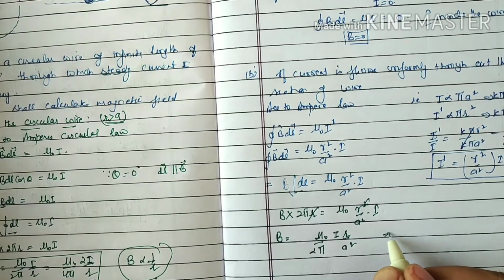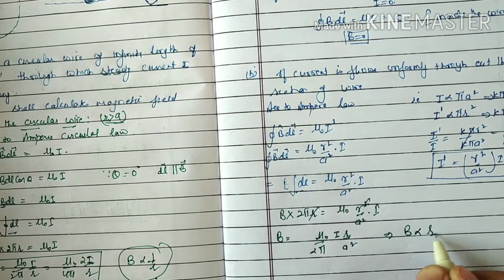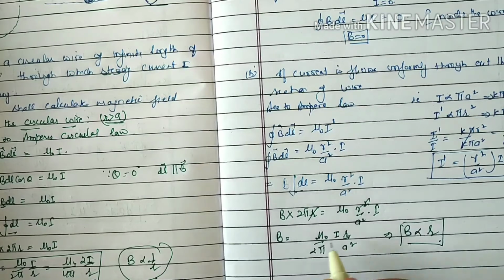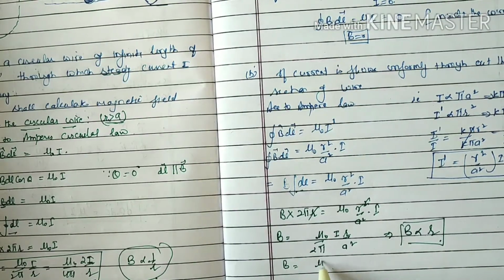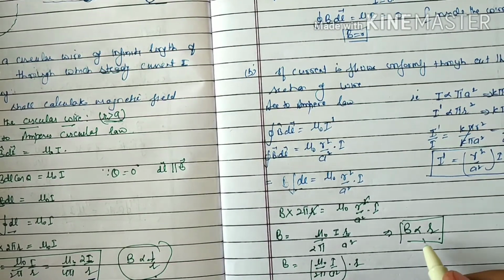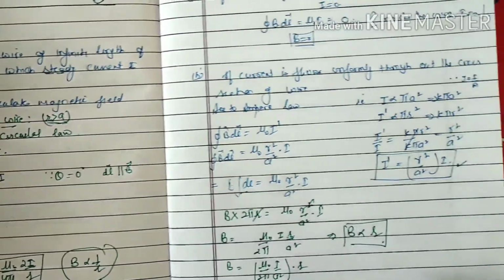So we can say the magnetic field is directly proportional to r, because mu naught upon 2 pi, I over a square is constant, and this r. So the magnetic field is directly proportional to r.